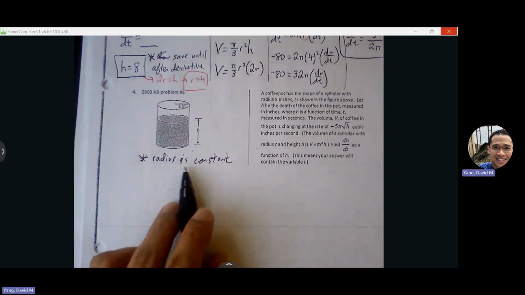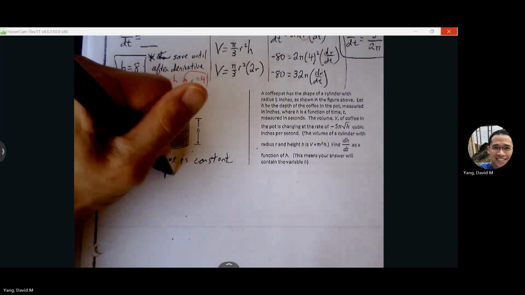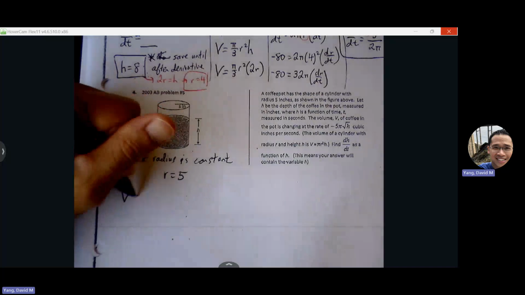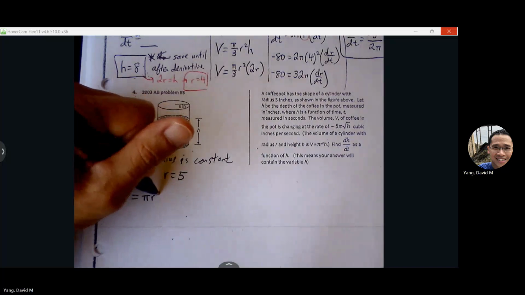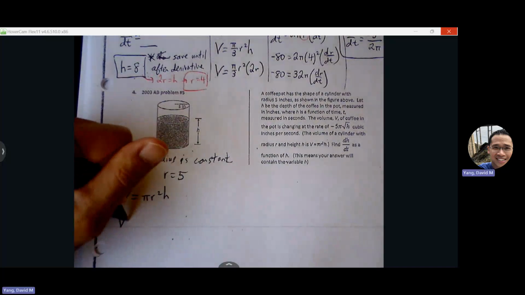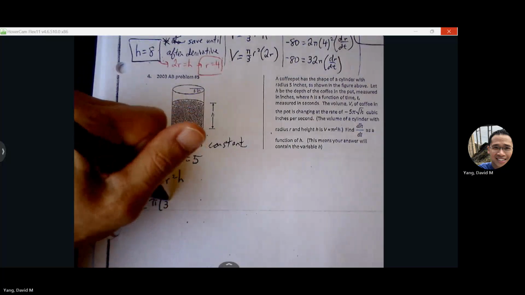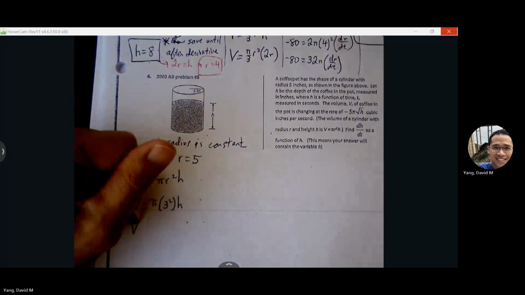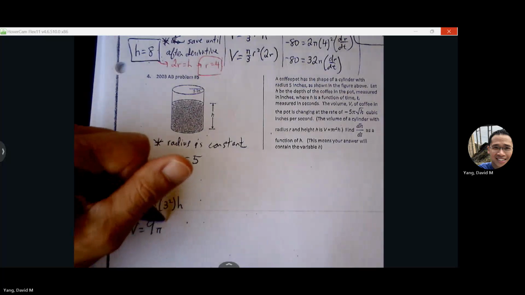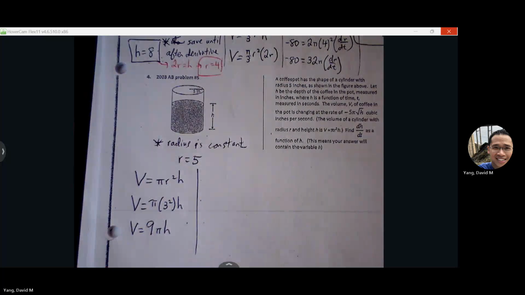Okay, what's the radius going to be? 5. So as soon as you know what the radius is, go ahead and make that substitution. You should be ready to jump directly into your derivative step. Oops, sorry, 5, right?